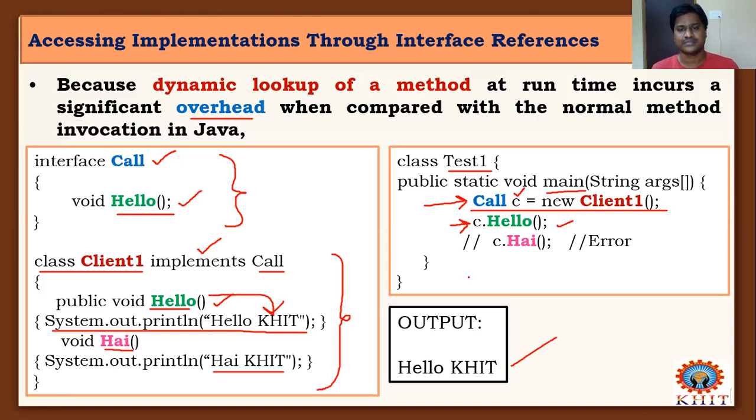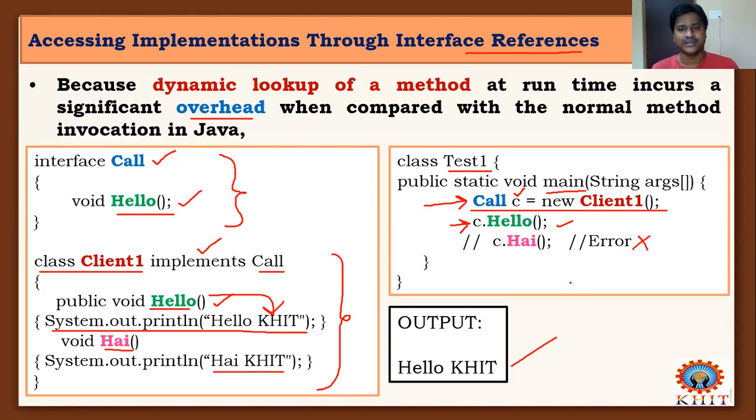This is the concept of assigning implementations through interface references. But when we try to access the other member method defined in the class client one through this interface reference C, is it possible or not? It is completely not allowed in Java.